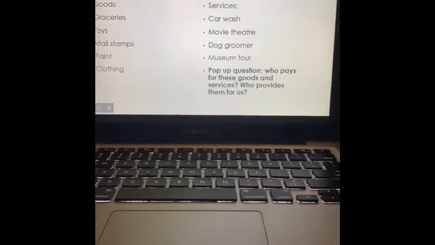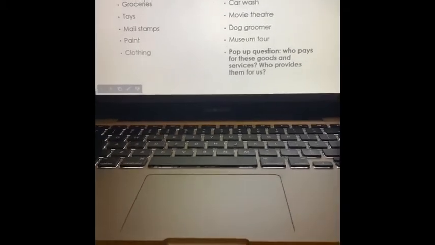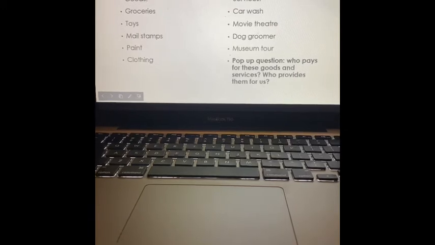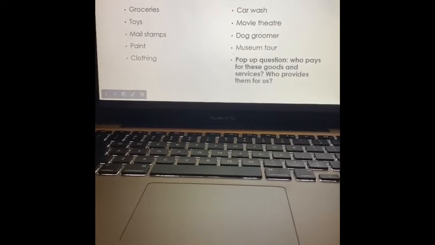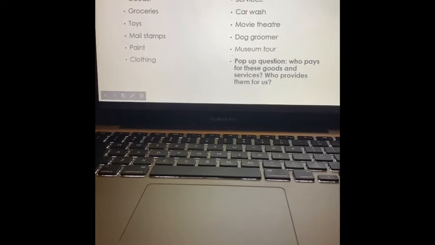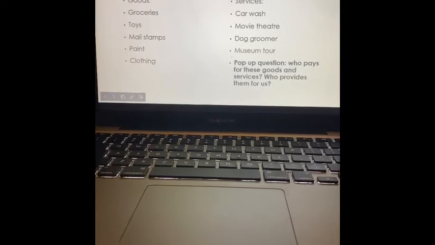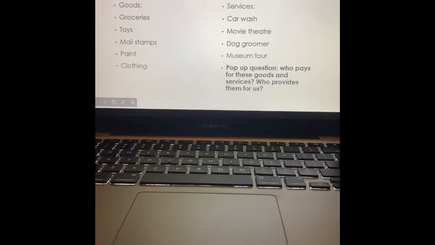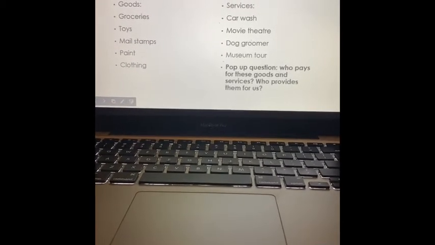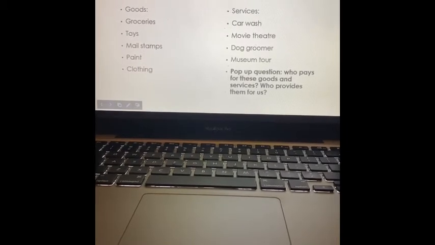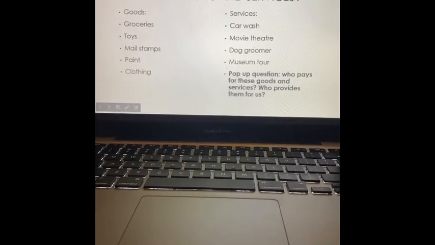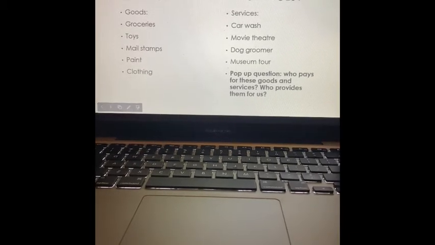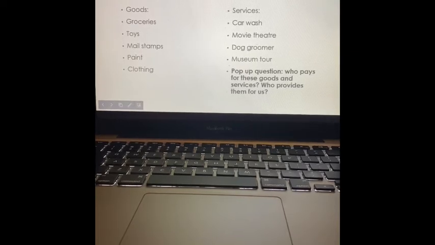And then here I have what are goods and services. I have this on here because it just gives them a little bit more of an idea of what goods and services are and what exactly consumers are buying and what they go and do. So for some idea, I put on there goods are groceries, toys, mail stamps, paint from a store, clothing.